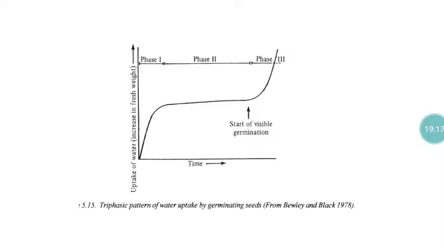I will come to that later. Now we will discuss up to this. Whenever the turgor pressure is in action, the water intake attains a constant plateau. We will discuss this area in the upcoming slides.